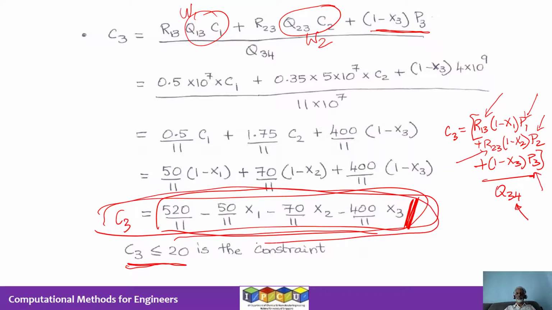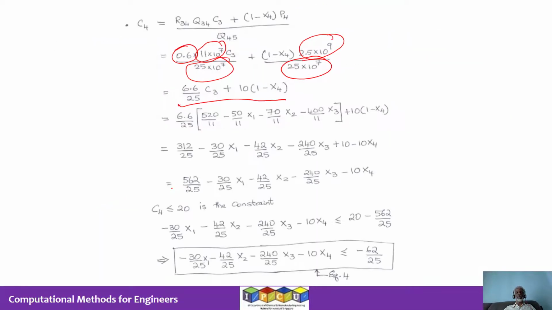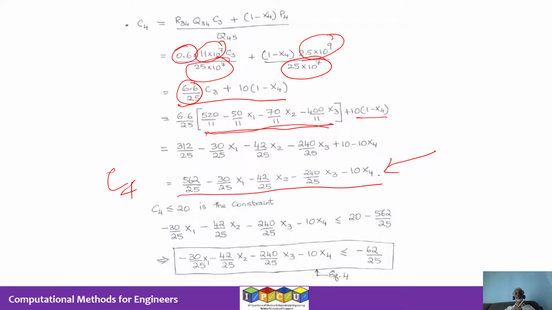So I take this expression for C3, which is in terms of x1, x2 and x3, and substitute that here. So 6.6 by 25 times C3. C3 is this in terms of the decision variables. So I plug it in there and do the algebra, and I get an expression for C4, which is this in terms of x1, x2, x3 and x4.